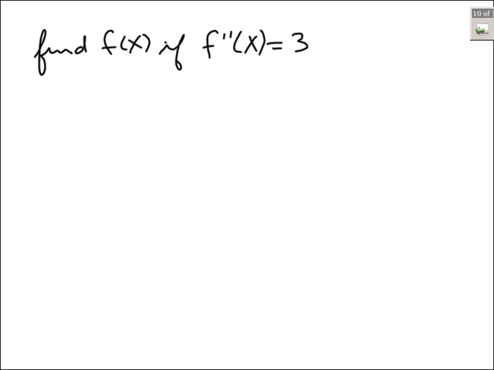Okay. Now, I'm going to give you some information and want to find f of x. I'll tell you, find f of x, f double prime of x is equal to 3.